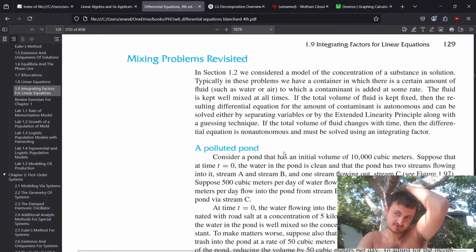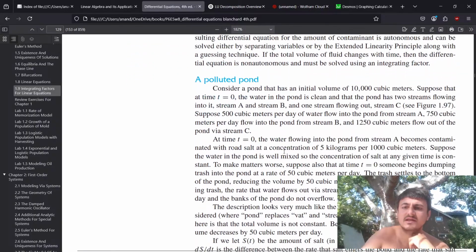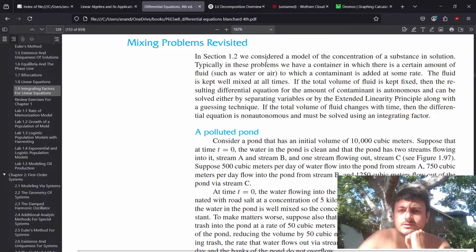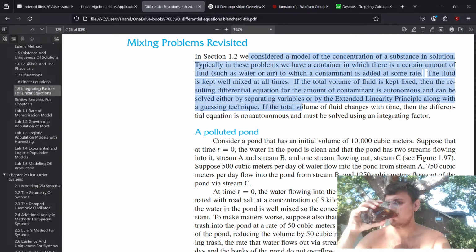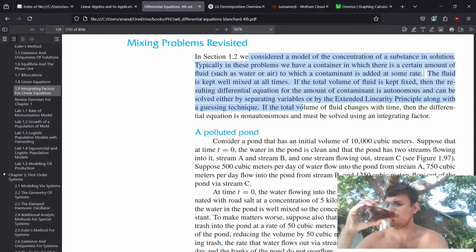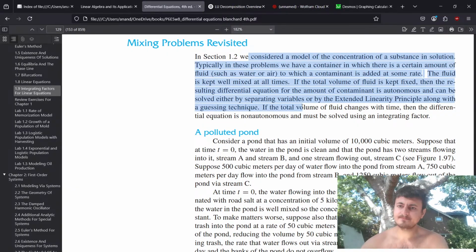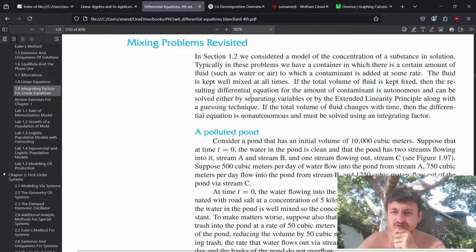All right, so they have another example here. The total volume of fluid is kept fixed, and the resulting differential equation for the amount of contaminant is autonomous.